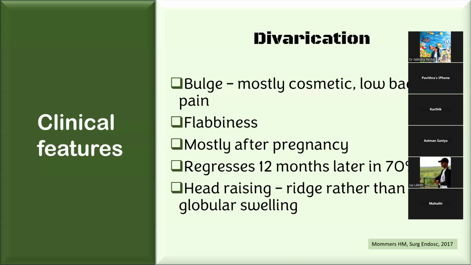Also, one important thing to know is that 70% of these weaknesses or bulges after a pregnancy settle down in a year's time. So if you see somebody soon after pregnancy with a little bulge, don't jump on it. Ask them to wait a year and see what happens. Even if they have some degree of feeling of flabbiness or low back pain, you can assure them and give them some conservative methods.